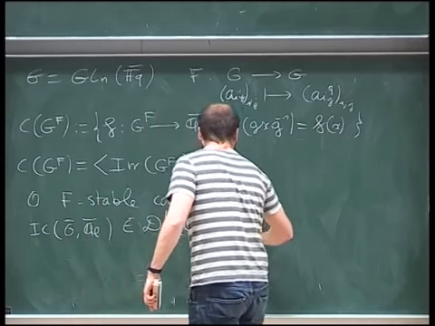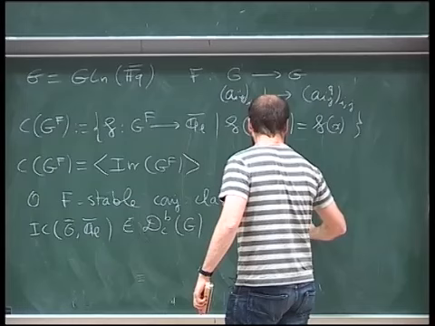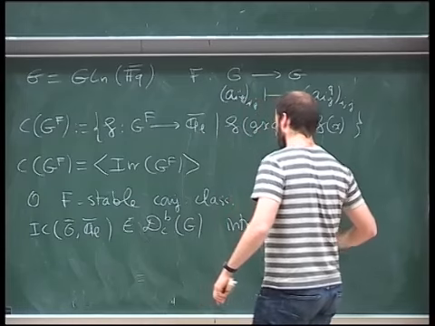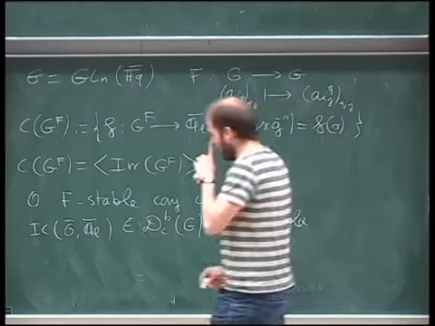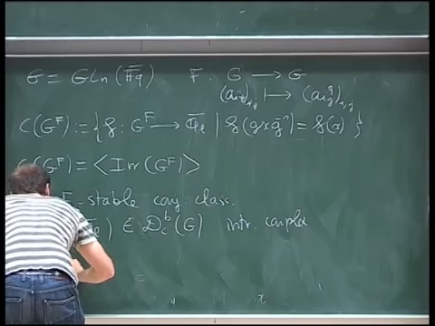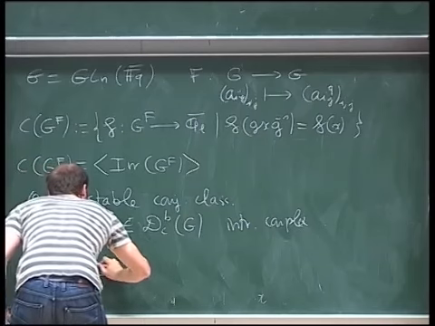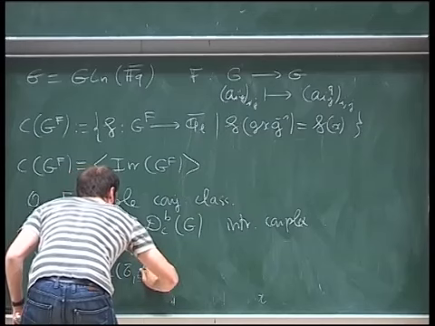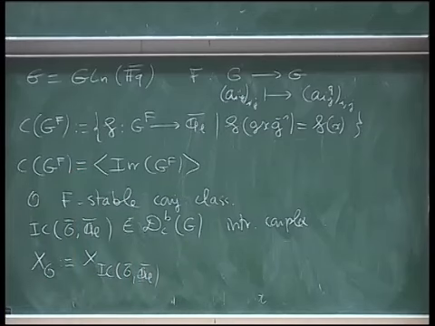This is called the intersection cohomology complex. And then we look at the function x. We will write it chi_O. It will be the characteristic function of this complex.